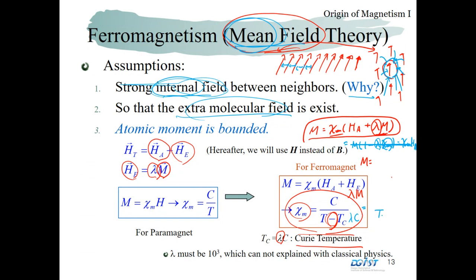like this, this is nothing else but the inverse of the susceptibility for the paramagnetism. I'm sorry, I'm a little bit confused now, but somehow you can find this relation in this form.